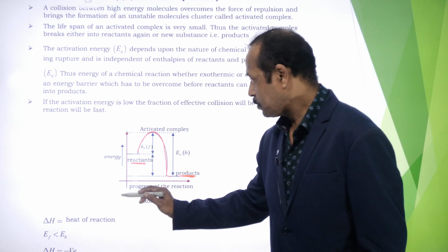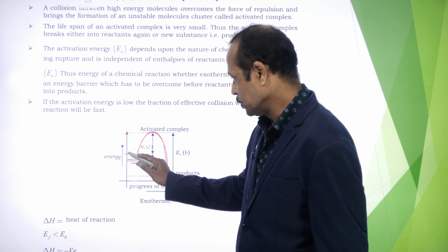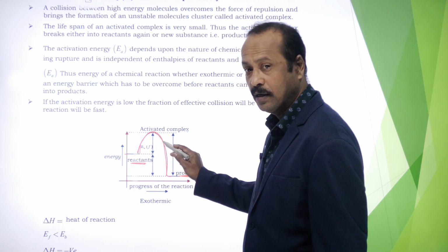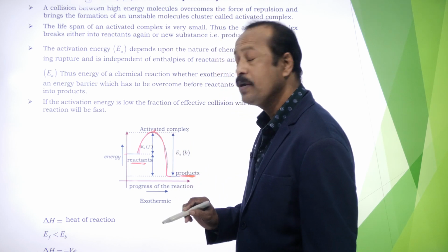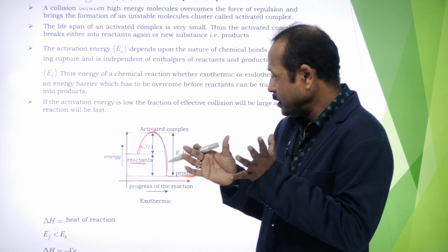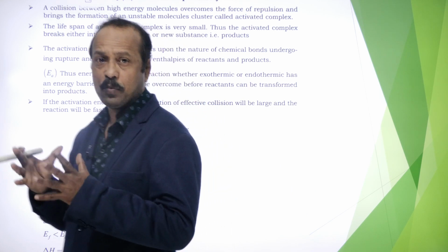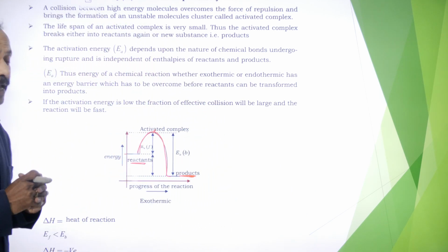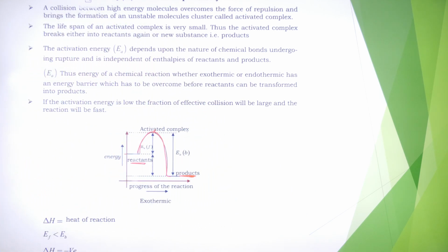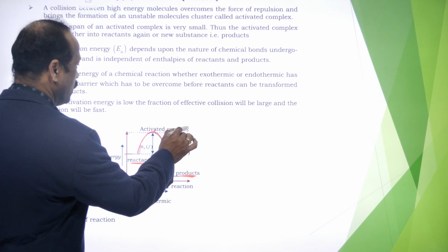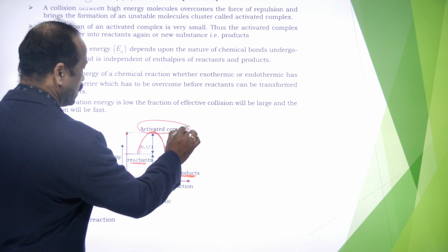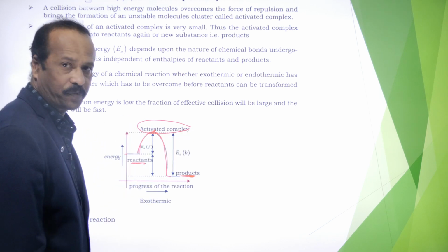So now what happens here? When the reactant molecules are passing through this path, at this place, when the reactants react, this forms a complex. Complex means a new substance, which is called an activated complex, formed at this stage.